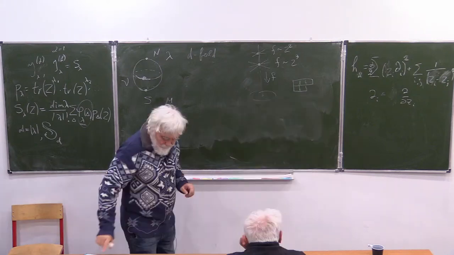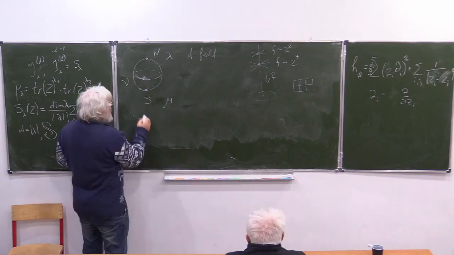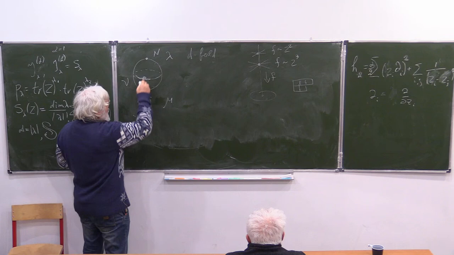So we have here, what are preimages of this point? We have this, called the base surface. On the base, locally around this point, we have this.